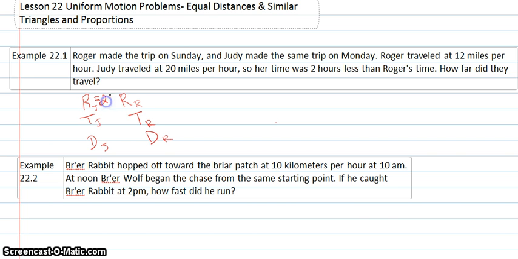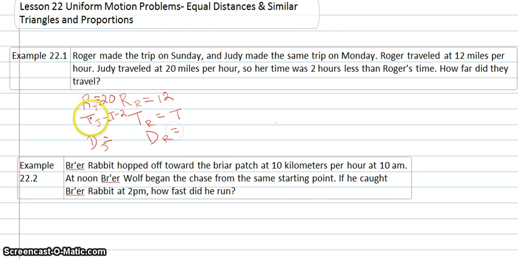So Judy's rate was 20 miles per hour. Roger's was 12 miles per hour. Okay, and then their time, it says Judy's time was 2 hours less than Roger's, so if Roger's is t, Judy's time will be t minus 2.